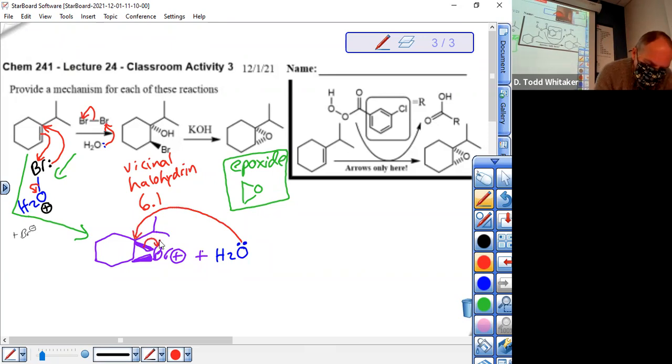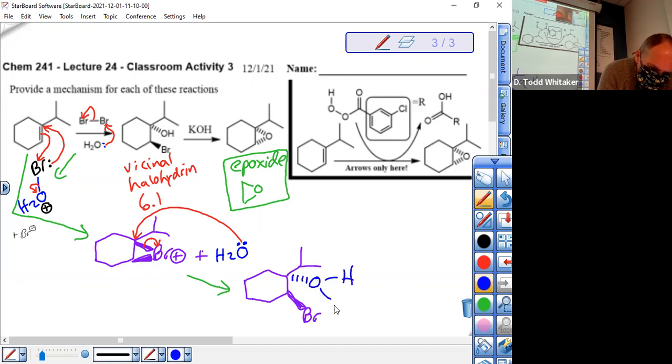Bromine leaves, but not quite because it's got 2 bonds. And purple. And water, backside of a wedge would be a dash. Oxonium.